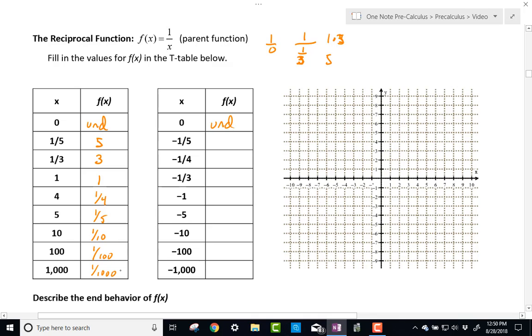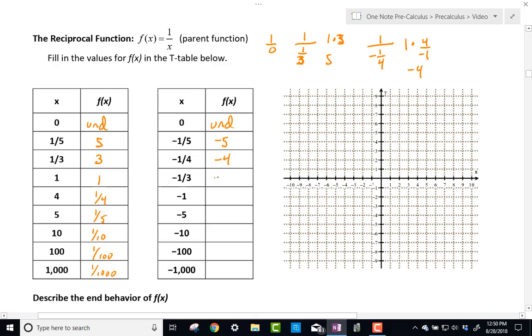Alright, for the right side, if we do negative numbers, all it does is change these values on the left to negatives on the right. If I divide by negative 1/5, it's going to be negative 5. If I plug in negative 1/4, 1 over negative 1/4, I flip and multiply, so that becomes 1 times 4 over negative 1, and that's just negative 4.